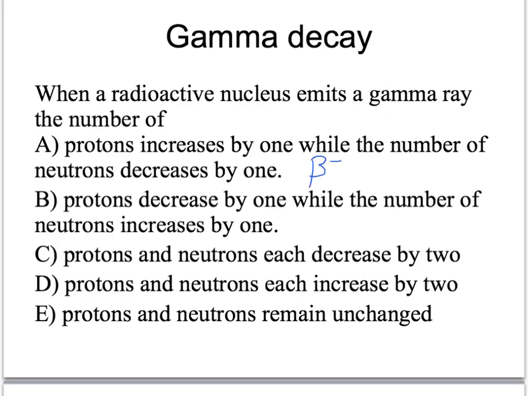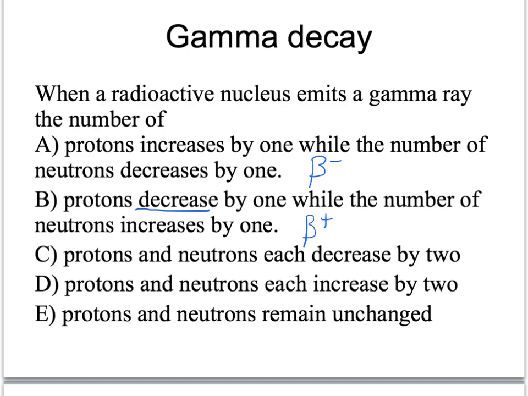B. The protons decrease by 1 while the number of neutrons increase by 1. What would that be? Well, if you lose a positive, it's got to go somewhere, so the positron has to leave the atom. It's beta plus. You lose a proton and gain a neutron. And when I say gain and lose, it's really that a proton turns into a neutron, just in case you're picky about the language.